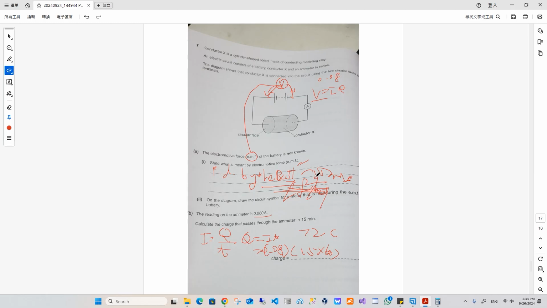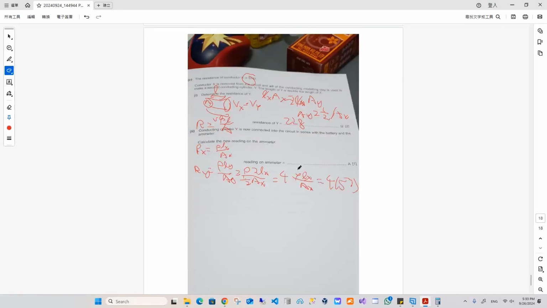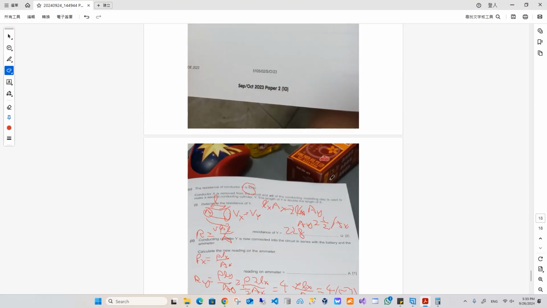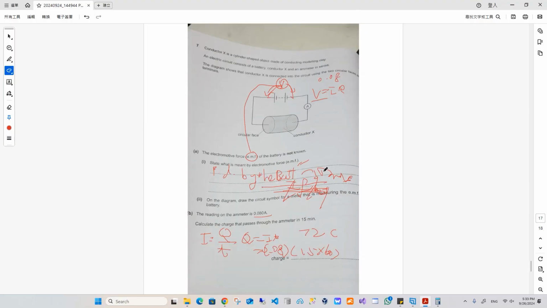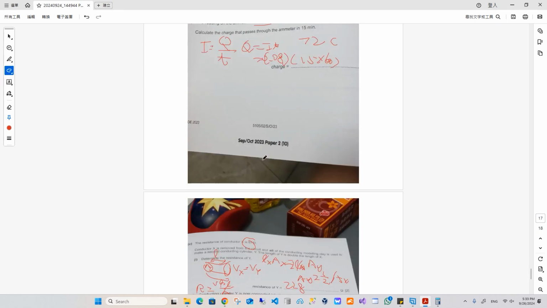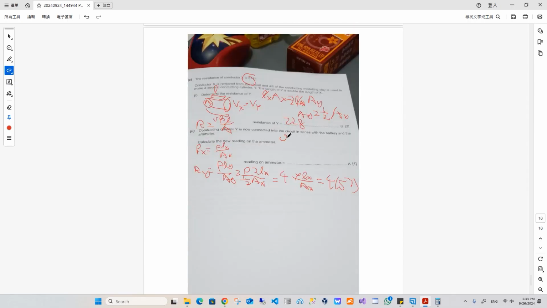My current has to be 1/4. So the answer is 0.08 divided by 4, which is 0.02 ampere. That's my answer.